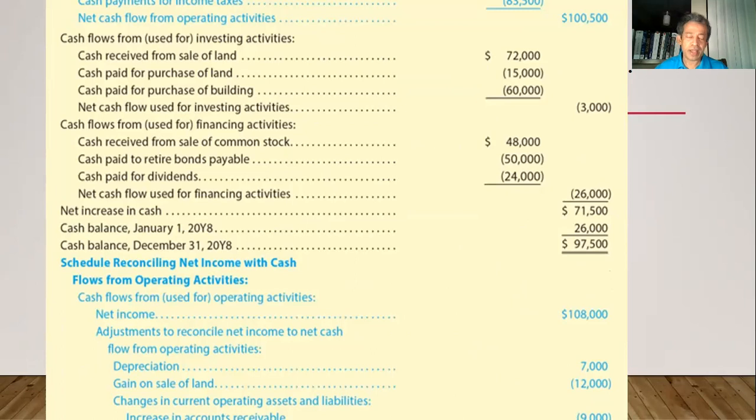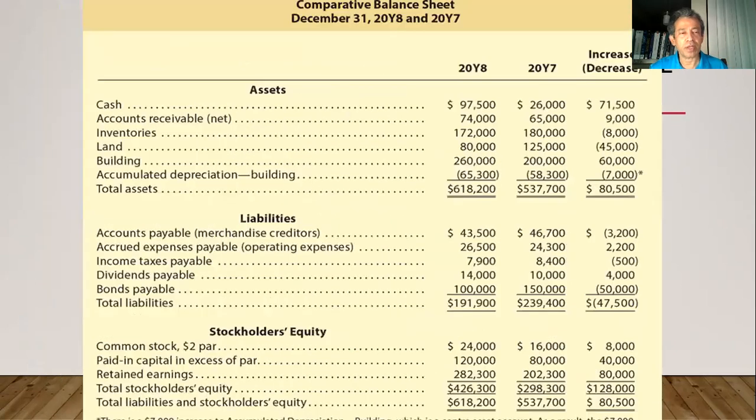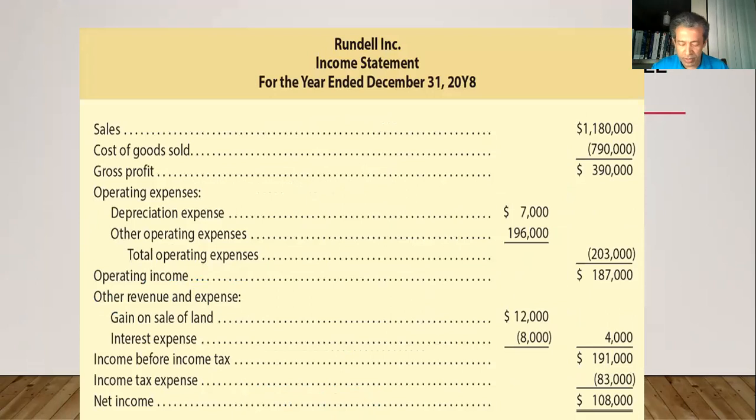So let's start with cash received from customers. So how do we find it out? We start with sales. So sales revenue, and sales revenue was how much? Go back to the income statement, it is 1,180,000. So $1.18 million. And let's look at our accounts receivable.